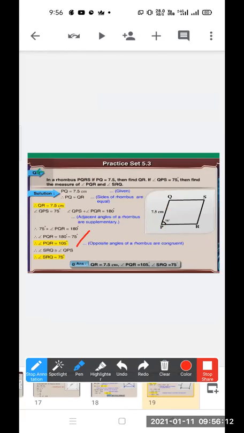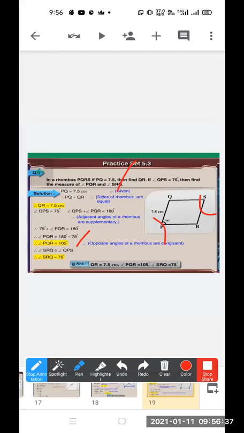Then we have to find angle SRQ. We know that this angle and this angle are opposite angles, and opposite angles are congruent.